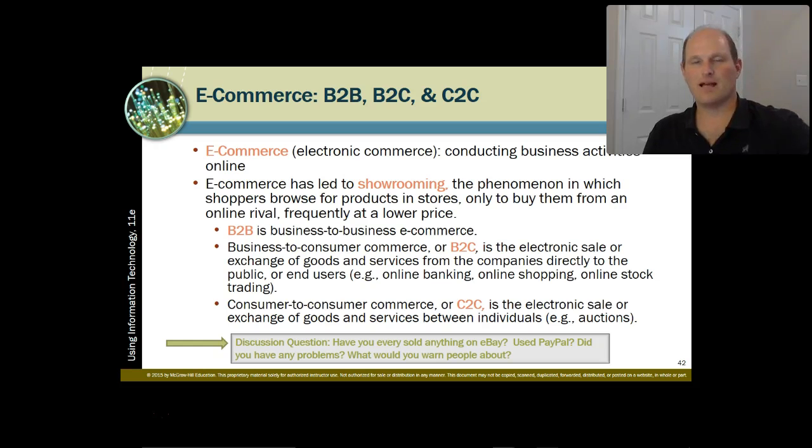Okay, so I want to come back and talk to you about showrooming for a second. Showrooming is just the phenomenon in which shoppers browse for products in stores only to buy them from an online rival, frequently at a lower price. I would be lying to say I've never done this. I've done this several times. It's like me going in and looking for a toy for my daughter, scanning it with the Amazon app, which you can do, and seeing if it's any cheaper on Amazon.com.